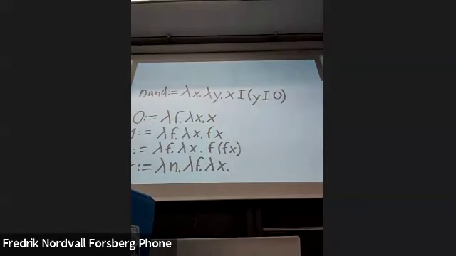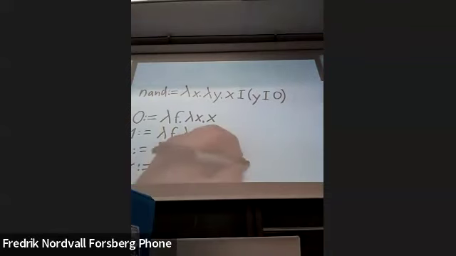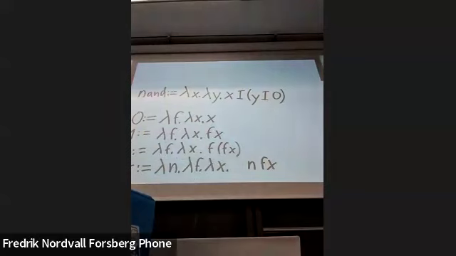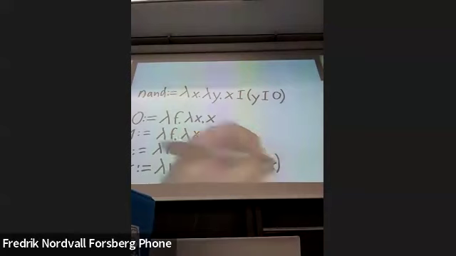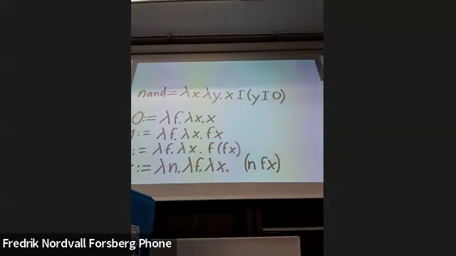And we are assuming that n knows how to do something n times to something. So if you leave a little bit of a gap and do n f x, that's f done n times to x. And now all we have to do to take the successor of n is do f once more. So that's the successor operation.